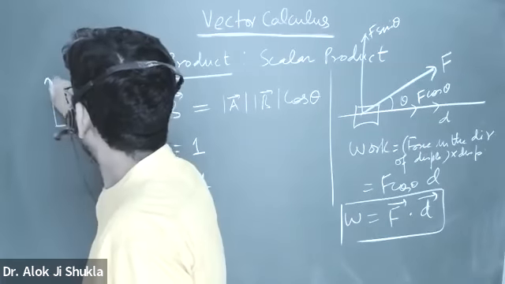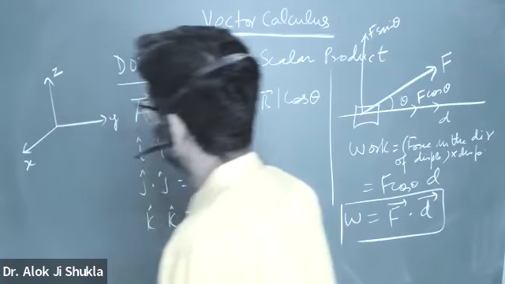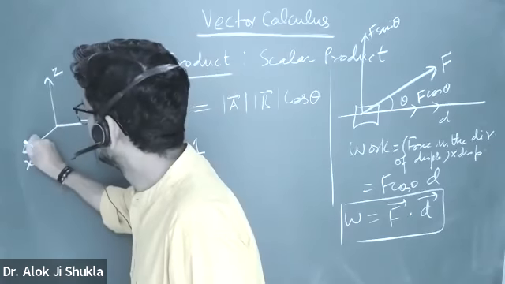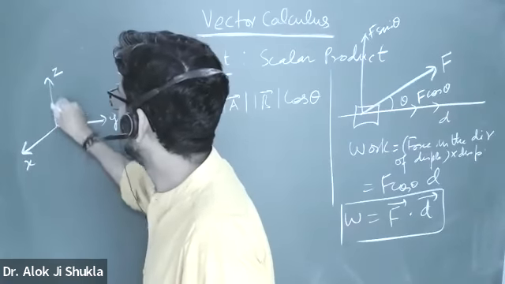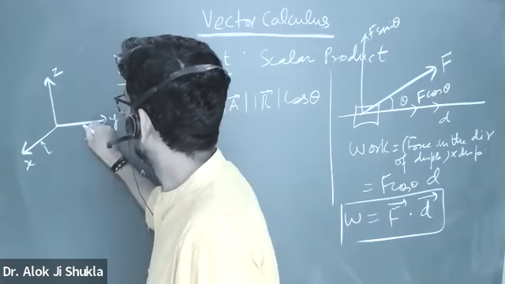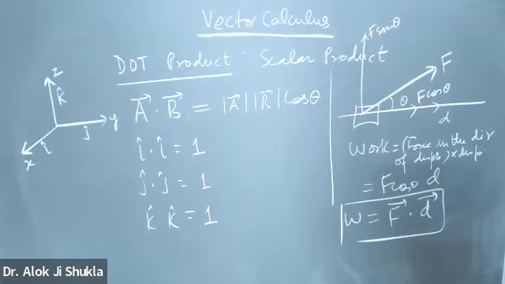Like if you define it like this, the coordinates x, y, and z. So unit vectors are in increasing direction of x, in increasing direction of y, and in increasing direction of z. So this side I cap, this side j cap, this side k cap. So I cap is in the increasing direction of x. Bolo. I cap is in increasing direction of x.